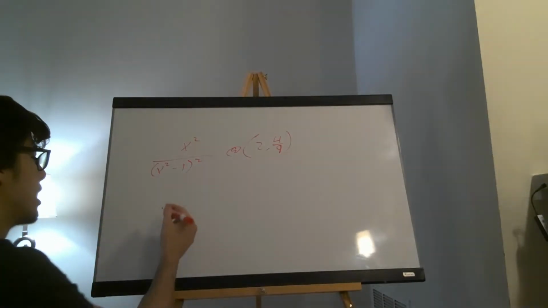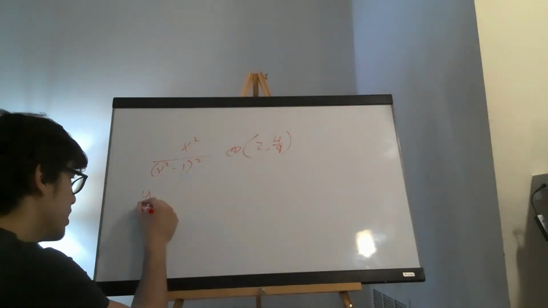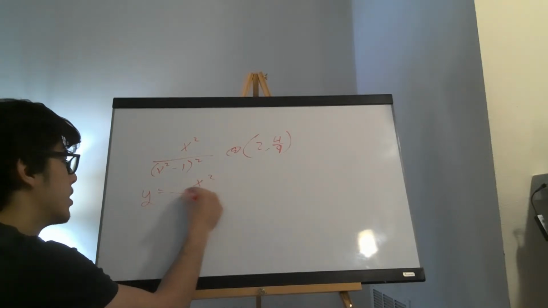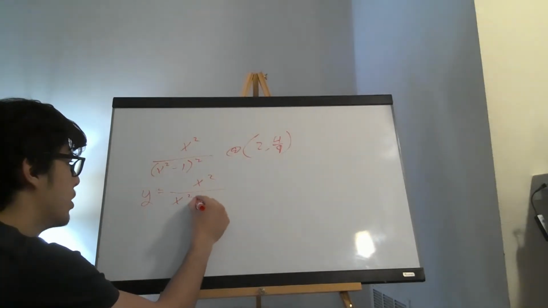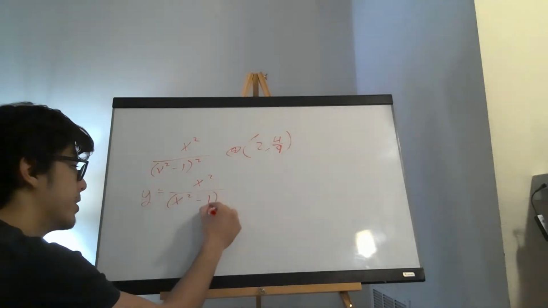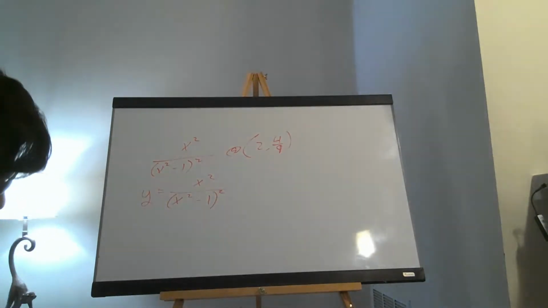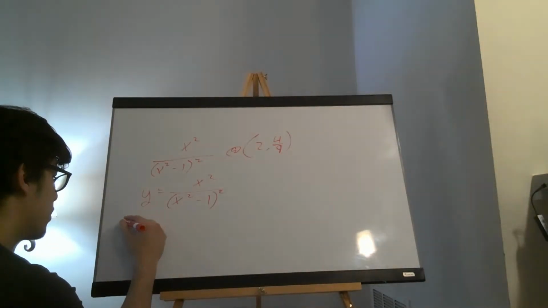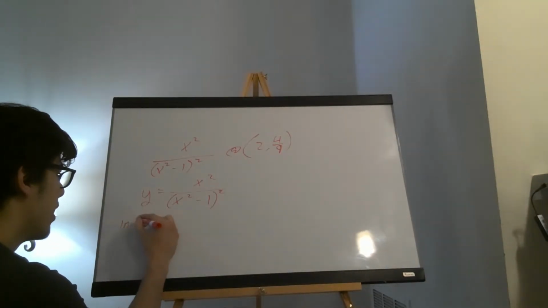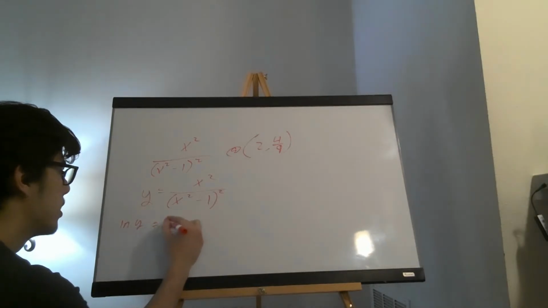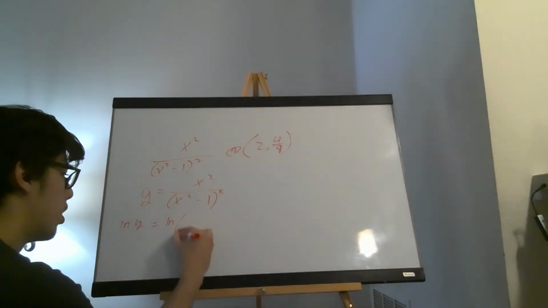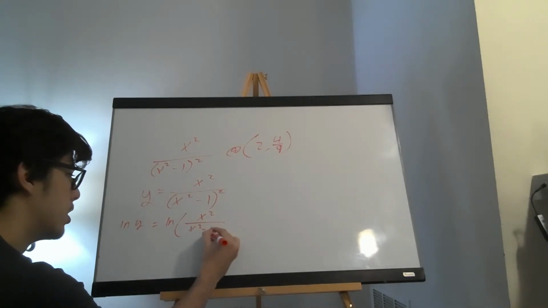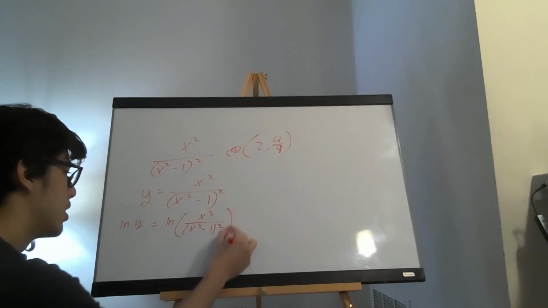Here, I'll show you guys exactly why implicit differentiation is needed. So if we just write this as y equals x squared over x squared minus 1 squared. So what if we took the natural log on both sides like this? Natural log of y equals the natural log of all of this stuff over here. That's pretty nice right there.